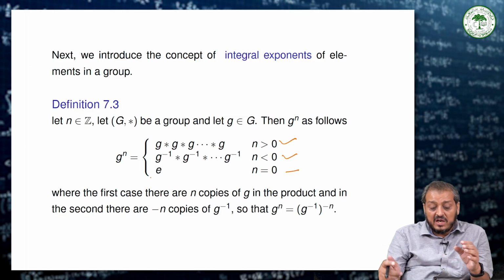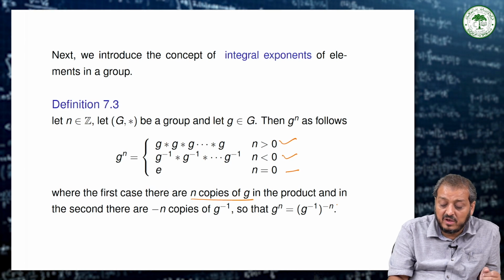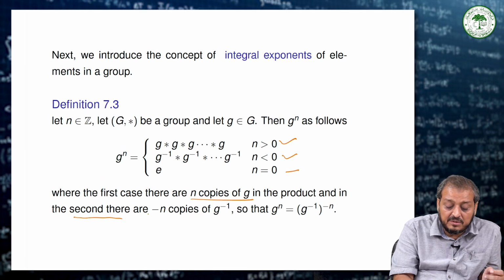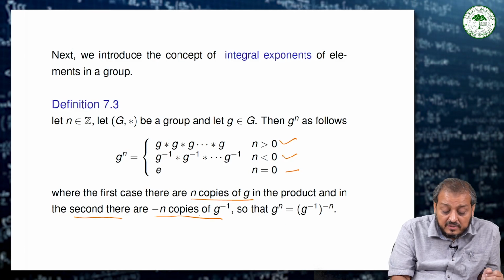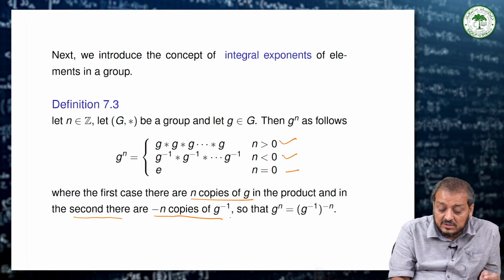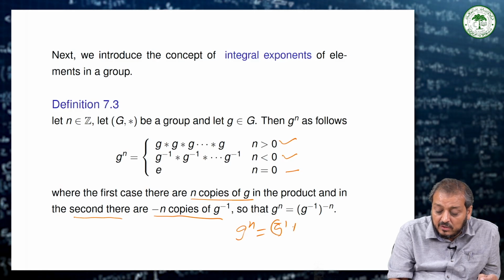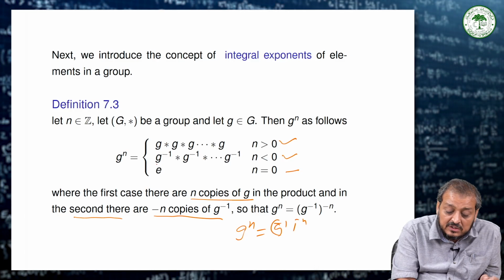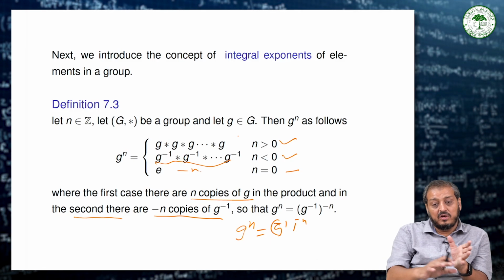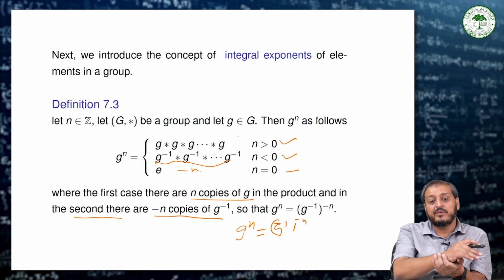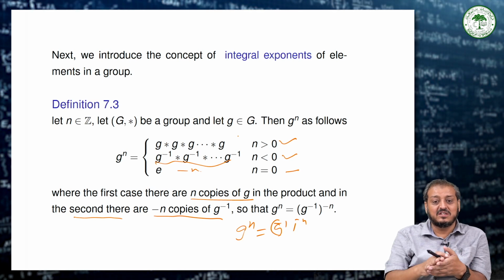In the first case we just say n copies of g, and in the second case we have minus n copies of g inverse in the product. So g to the power n can be written as g inverse to the power minus n, because n is less than 0.